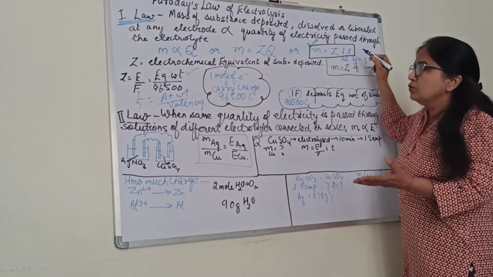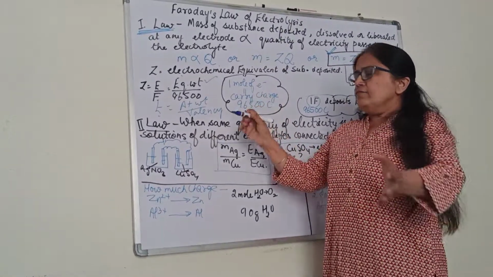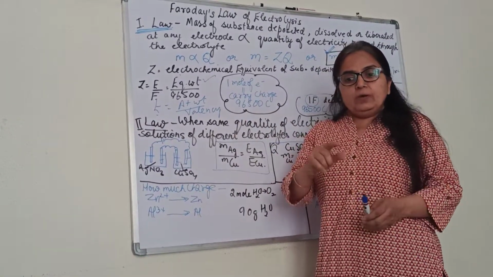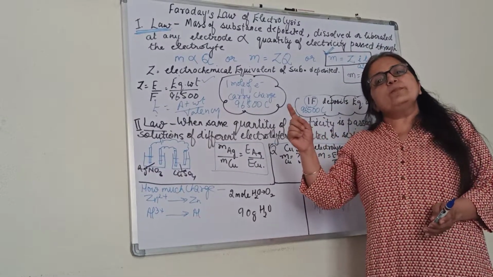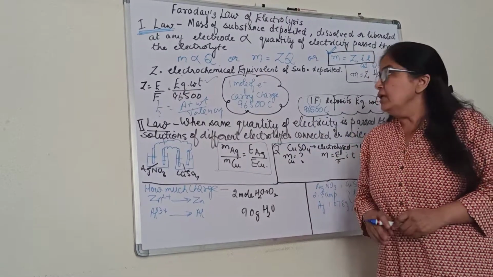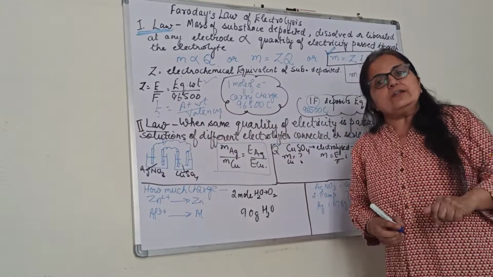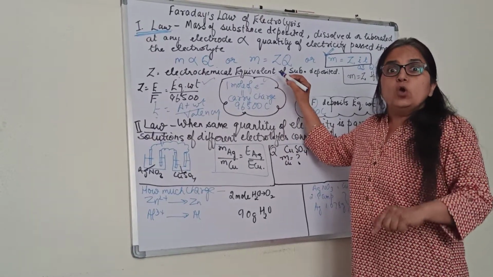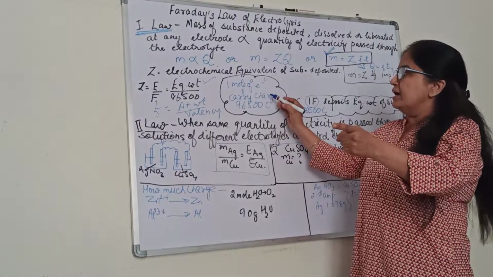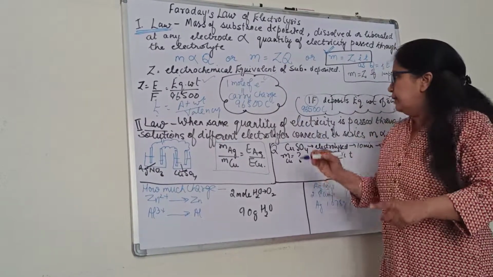Depending upon what the question demands, we will be using the formula. Now, there are various things. If you remember, one electron carries how much charge? 1.6 into 10 to the power minus 19 coulomb. So 1 Faraday, that is 96,500 coulomb, is the charge carried by 1 mole of electrons. 1 mole of electrons carries this much charge, or you can say this is equal to 1 Faraday.